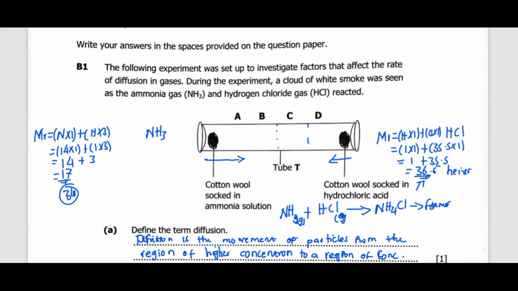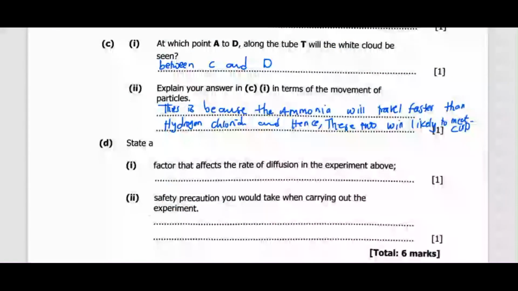So for diffusion, we can look at concentration, because the heavier one is more concentrated. Or also the size of the particle, since according to our calculation one is heavier. So the size of the particle.